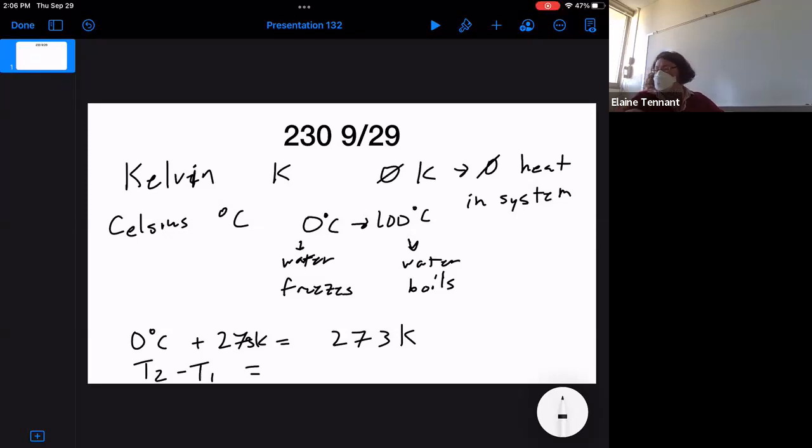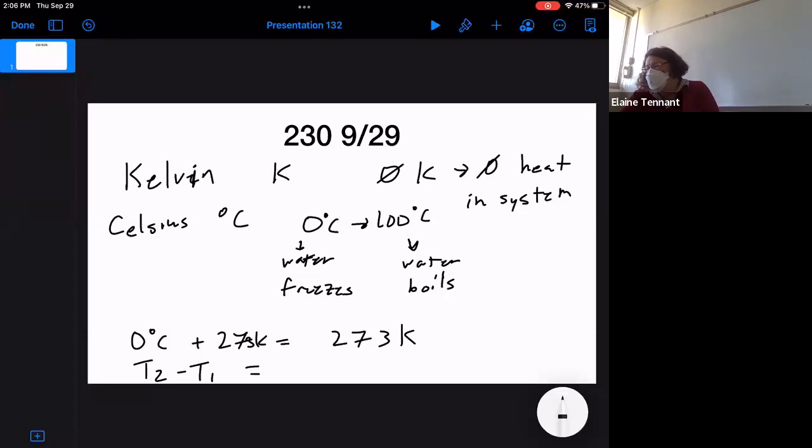So Kelvin and Celsius, great. If you ever run into something in Fahrenheit, you look up how to convert it to Celsius or Kelvin, which I think you multiply by 9/5 and add 32. But Celsius or Kelvin, stick to those two.